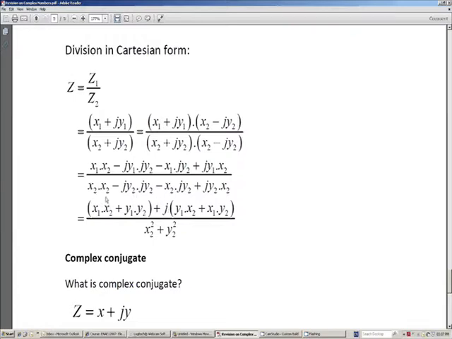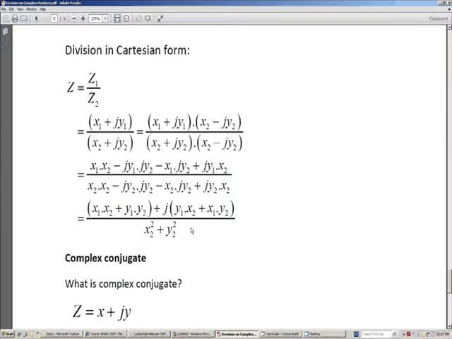In the denominator, if you look carefully, this one will give us plus y2 squared, x2 squared plus y2 squared, and you can clearly see that the cross terms cancel out, resulting in a real number in the denominator.